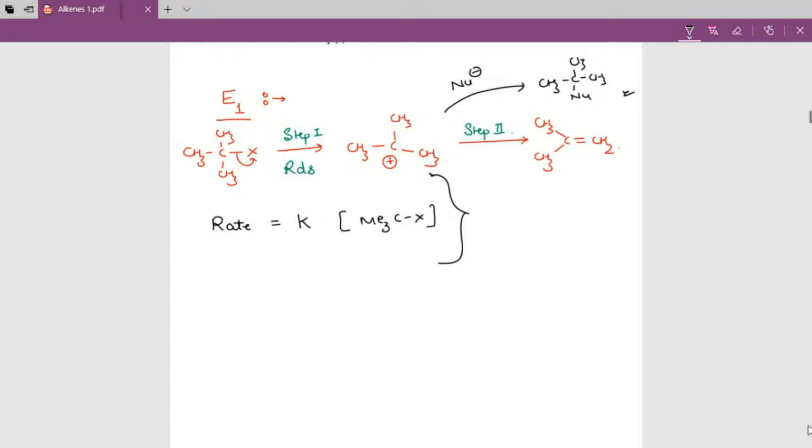Now, how can I suppress nucleophilic substitution, which otherwise seems to be thermodynamically very favorable? Why favorable? Because opposite charges can easily attack. Opposite charges are forming a sigma bond.